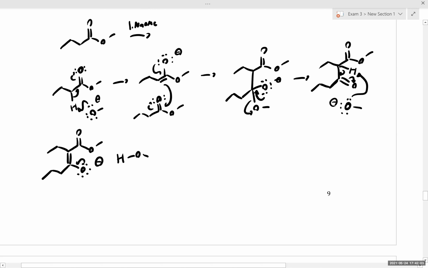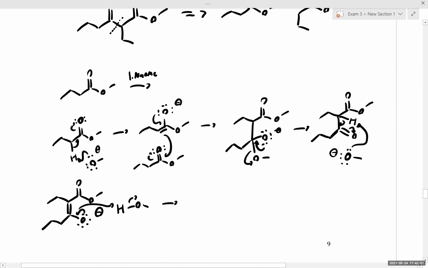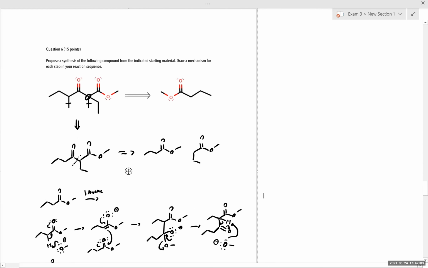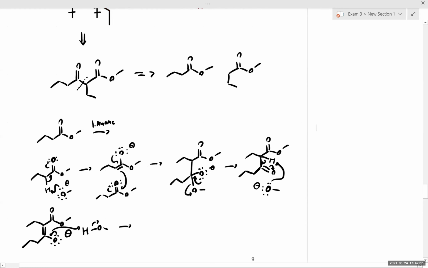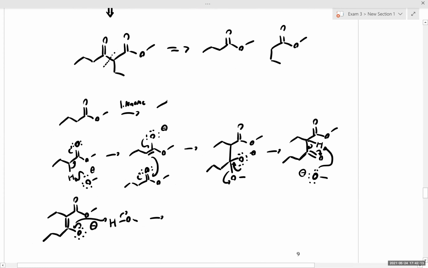So after a quench, we will have our desired beta ketoester.